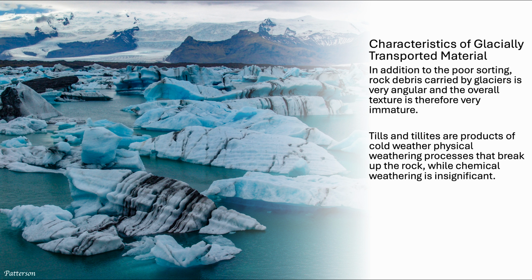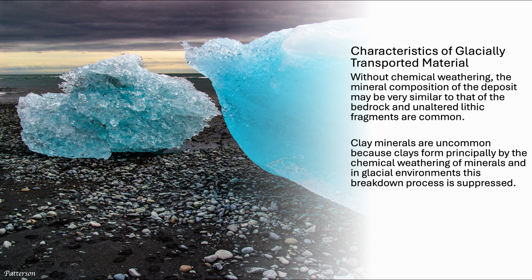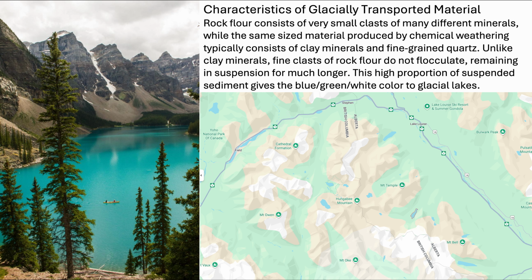Because there's no chemical weathering in this cold environment, the mineral composition of the deposit will be the same as the original bedrock, which in this case is mid-ocean ridge basalt. Clay minerals require chemical weathering. Clay-sized particles don't. So one of the characteristics of glacially transported material is that it imparts a blue color on water.